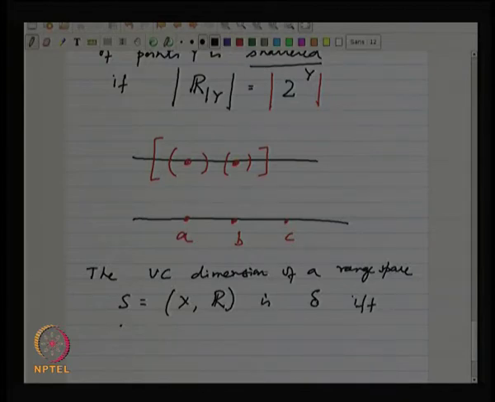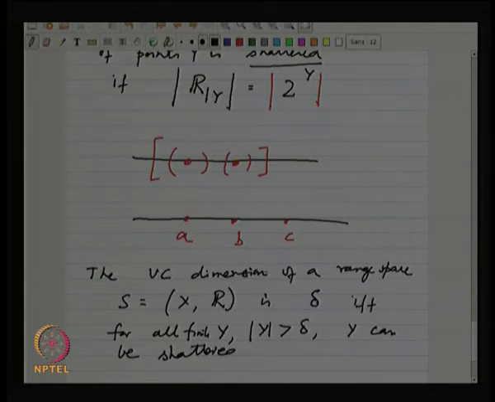for all finite Y with size greater than delta, Y cannot be shattered.